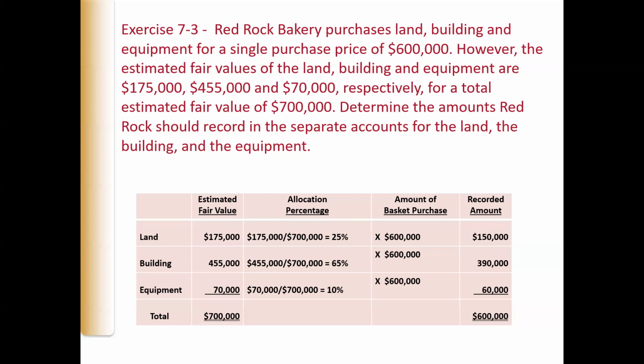So 25% of the purchase price is going to be allocated to the land, 65% to the building, and 10% will go to equipment. Okay? That all right? Make sense? So that way, 25% of 600,000, 150,000 goes to the land, 65% goes to the building, and 10% goes for equipment.